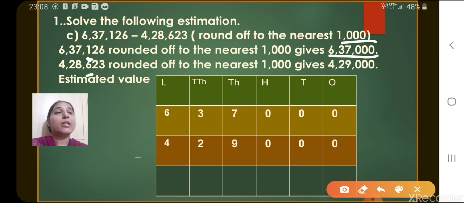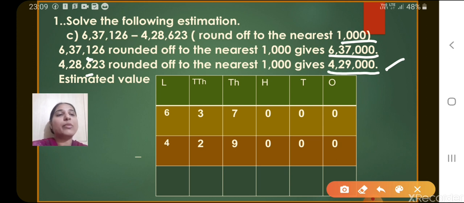Yes, it will be 4,29,000, because the digit at the hundreds place is 6, which is more than 5. So what we'll do? We will add 1 to the digit at the thousands place, and then we'll put the zeros at the ones, tens and hundreds place. So in this way, we will get 4,29,000.